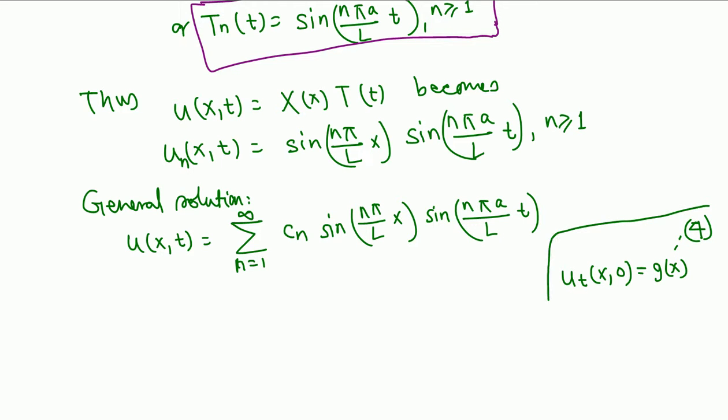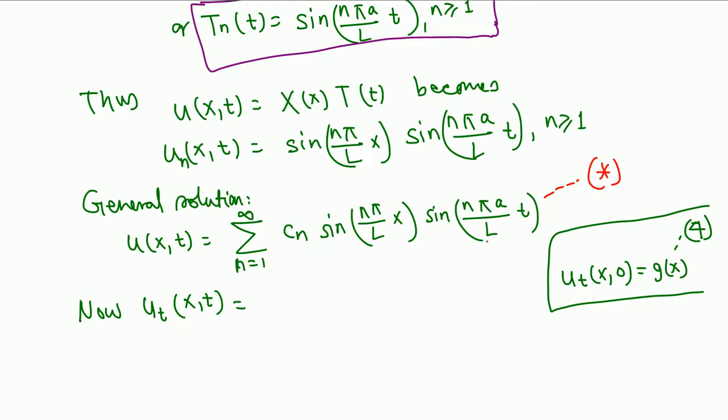If you go to the original problem, we get this. Now to make use of this initial condition, we need to find the derivative of this function with respect to t. This is the general solution, and let's say this will be the final answer anyways, so equation star. We need to find the c_n's, so we use the last initial condition, the second initial condition, which is given in terms of velocity, so the derivative with respect to time t. So let's find the derivative.